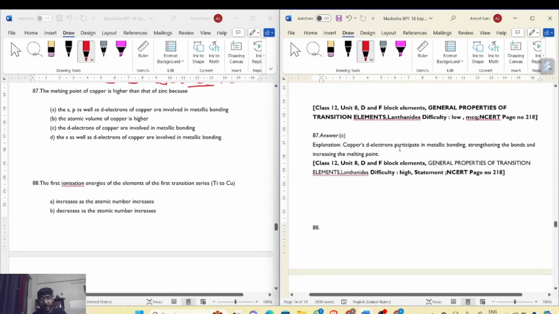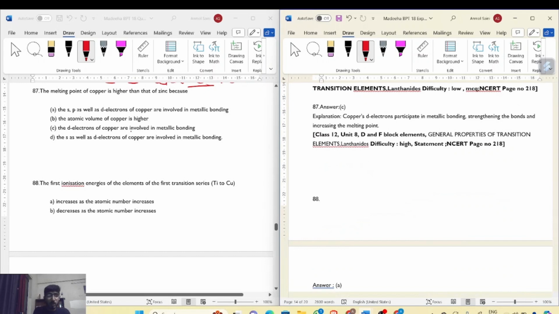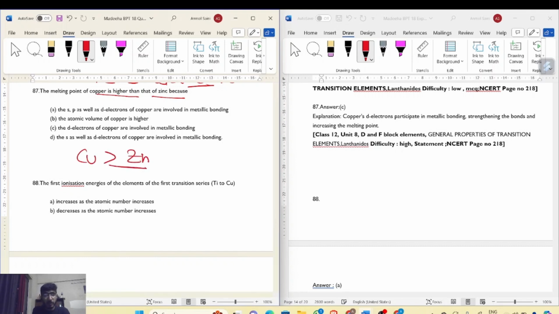Now question number 87. The melting point of copper is higher than that of zinc because, means it is saying copper has higher melting point than zinc. Then what is the main reason? The first is the s, p as well as d electrons are involved in metallic bonding. The atomic volume of copper is higher. The d electrons of copper are involved in metallic bonding.